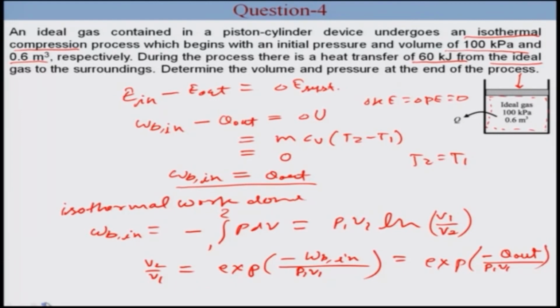Since Q out is 60 kilojoule, as given in the question, that energy coming out of the system is 60 kilojoule, so V2 upon V1 equals exponent of minus 60 kilojoule upon initial pressure 100 kilopascal and volume 0.6 meter cube.